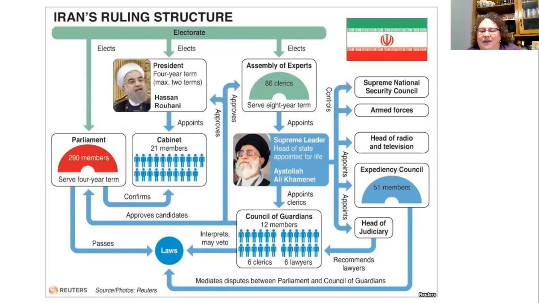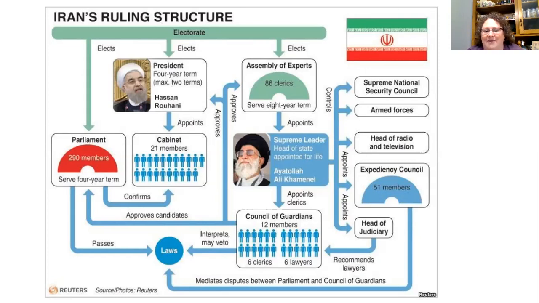The Expediency Council, they handle any kind of disagreements between the Guardian Council and the president, and they're kind of a mediator group. And those are appointed by the Ayatollah as well. You notice if there's a disagreement, people are siding with the Ayatollah. The only check on the Ayatollah is the Assembly of Religious Experts. They could get rid of the Ayatollah, and I don't really see that happening.